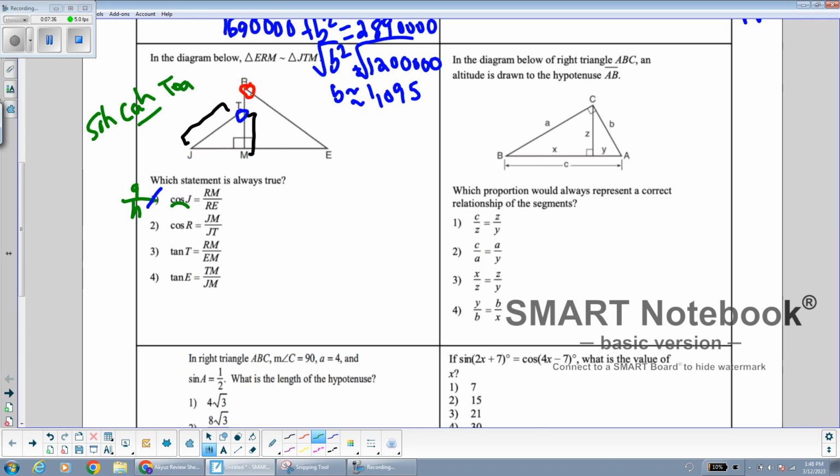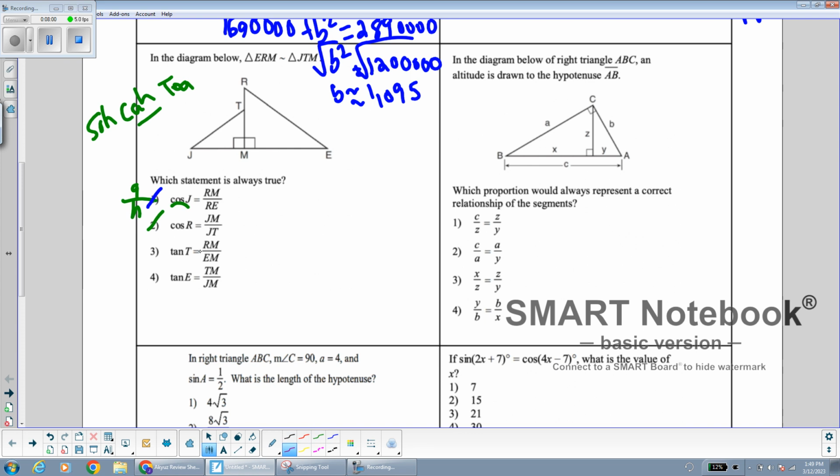And from angle R, here's adjacent, and here's hypotenuse. So let's see if it says TM over JT or RM over RE. No, neither one of these are correct. So that's not the choice we're looking for.